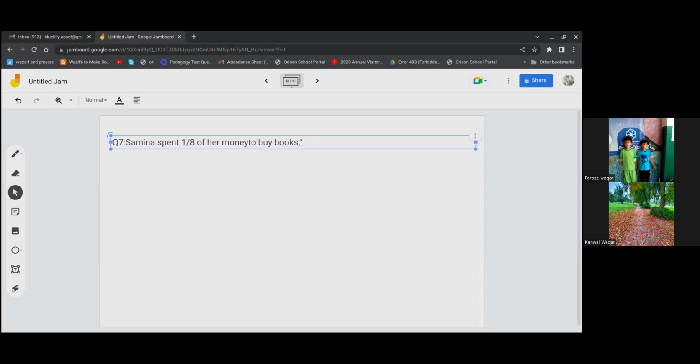Then there is another part, 1/5 on purchasing clothes, and 1/10 on charity.